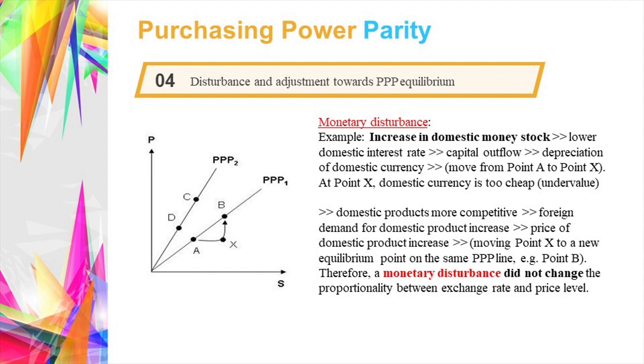Domestic products are more competitive. Thus, foreign demand for domestic products increases. This will cause the price of domestic products to increase, moving point X to a new equilibrium point on the same PPP line, like point B. Therefore, a monetary disturbance did not change the proportionality between exchange rate and price level.